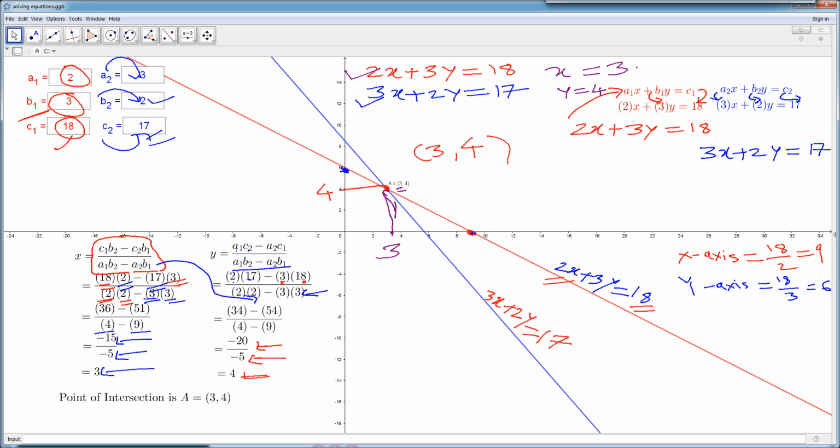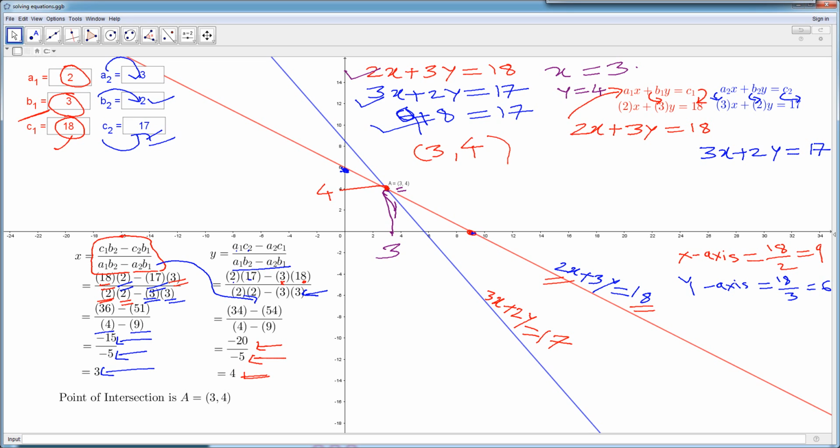So 3 into 3, 9, plus 2 into 4, that is 8. So 9 plus 8 is equal to 17. The second equation also gets satisfied. So whatever answer we obtained, that is 3 and 4, is correct. In this way you can verify the answer.